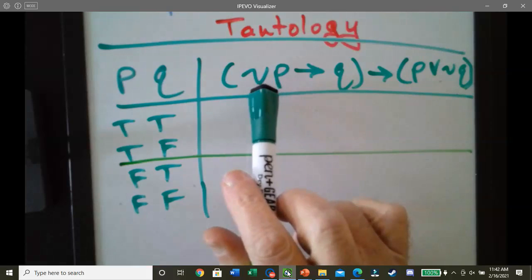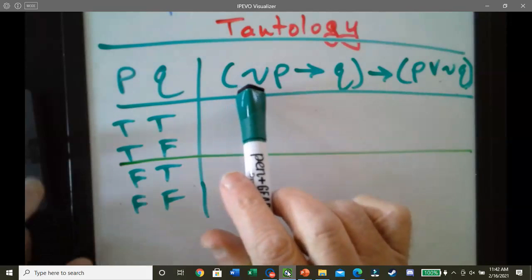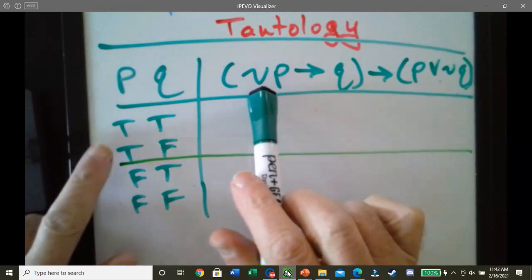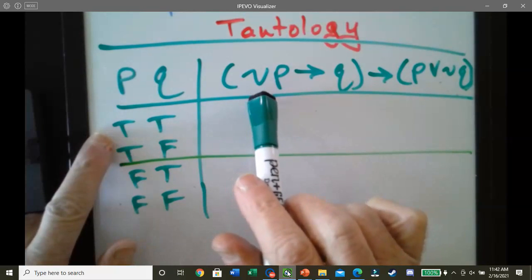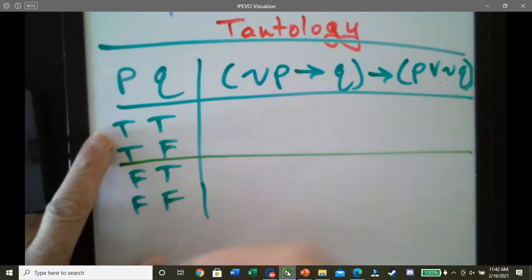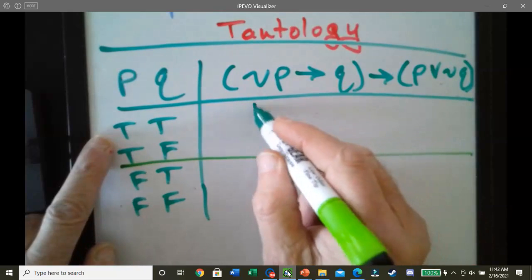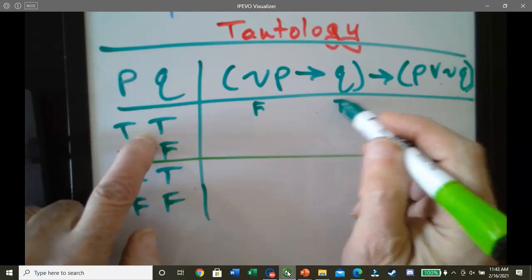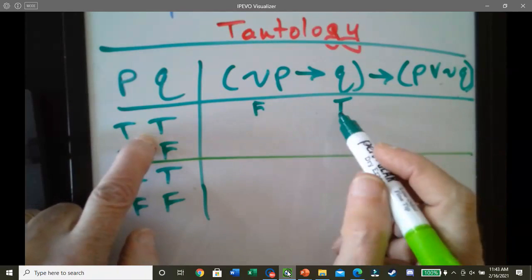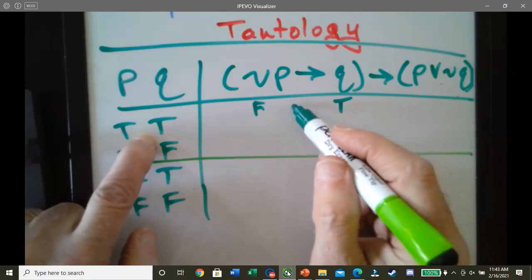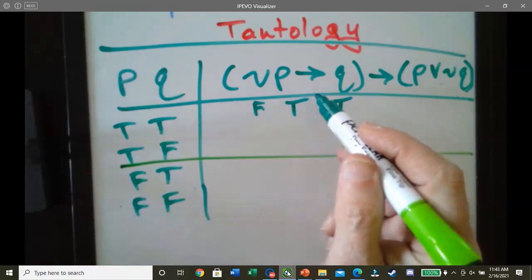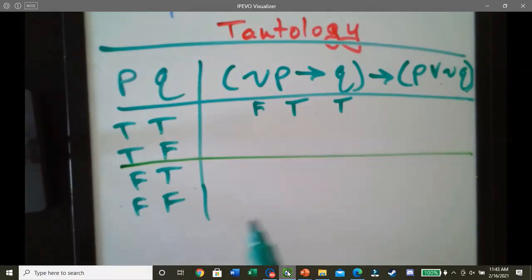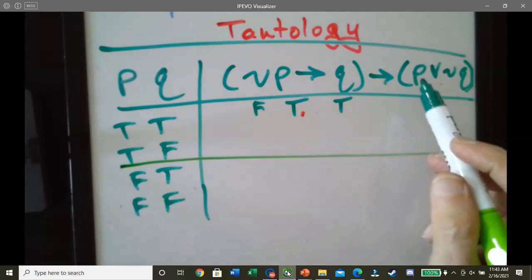Inside the parentheses. Good. So if this is not P, if P is true, then not P is false. Good. In Q, that's true. So we're saying if false, then true is true. Very good. That's true. Put a dot there.